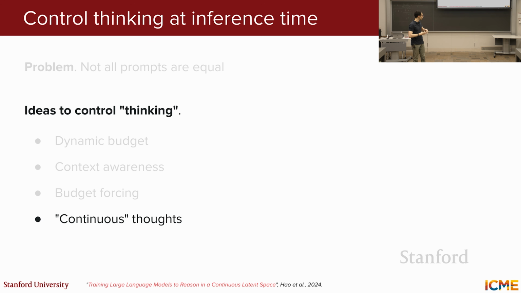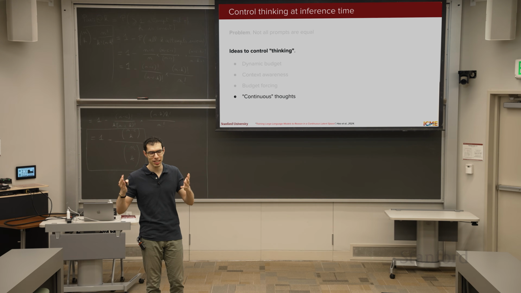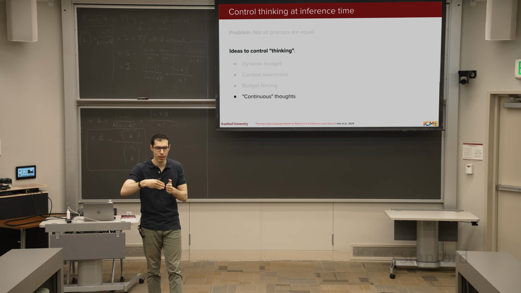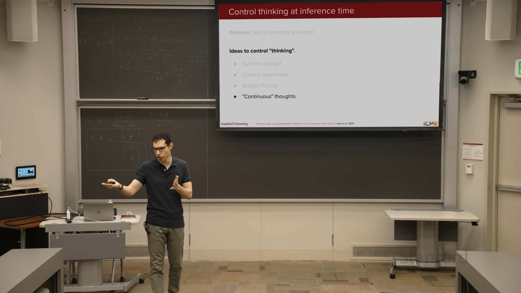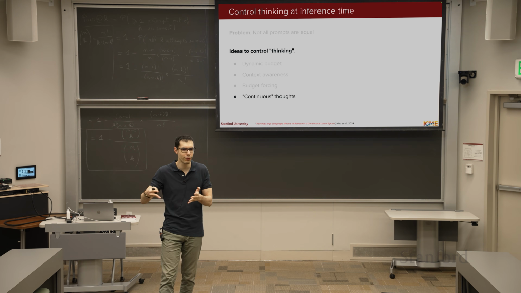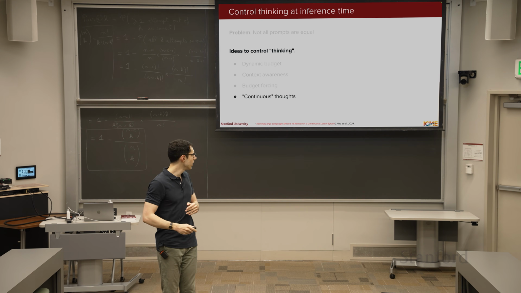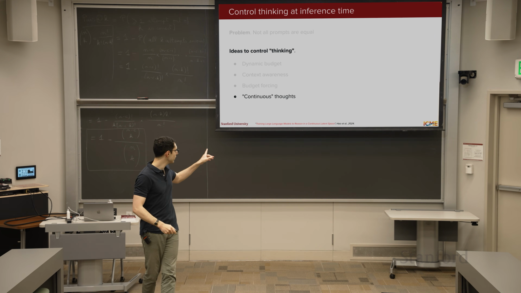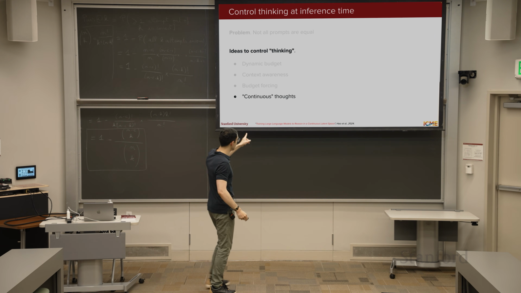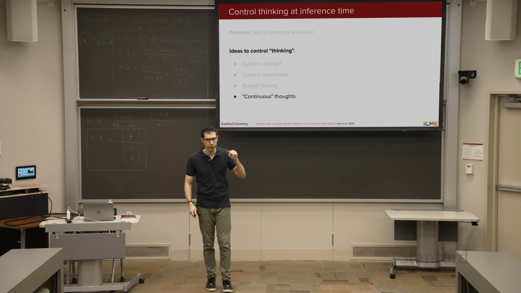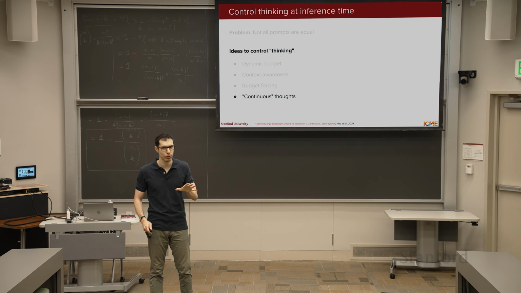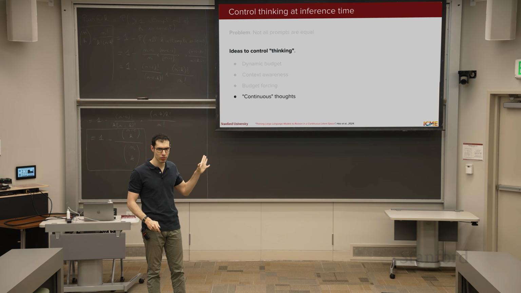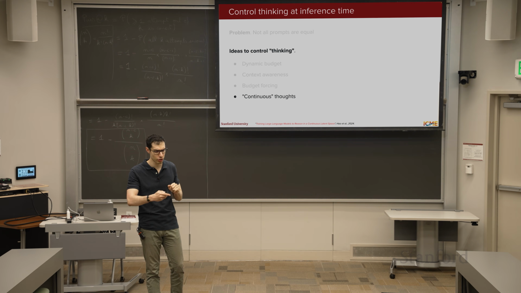So there is also a line of work around having continuous thoughts, basically having these thinking tokens actually not be tokens, but be hidden representations that can be more meaningful, but also more compressed. So you have a bunch of papers on this. There's one that we linked, which is actually from 2024. But I think even a few days ago, I also saw another paper on that. So it's a very much active area of research.